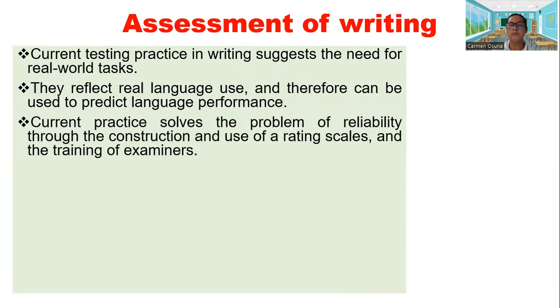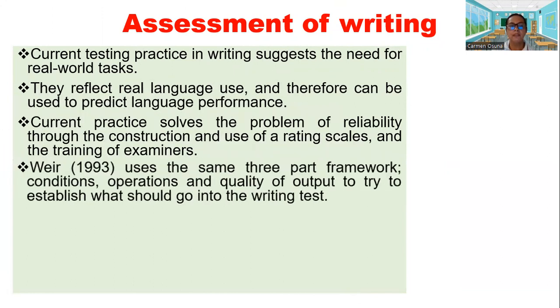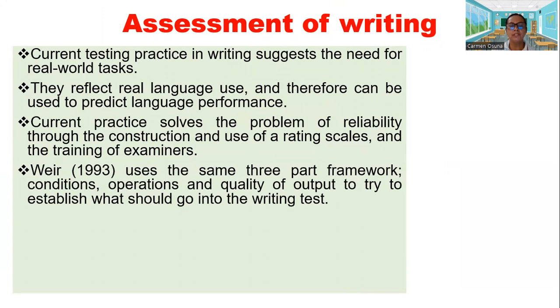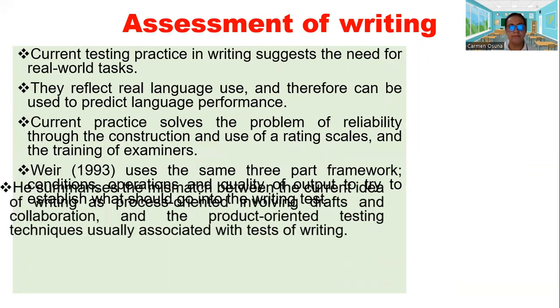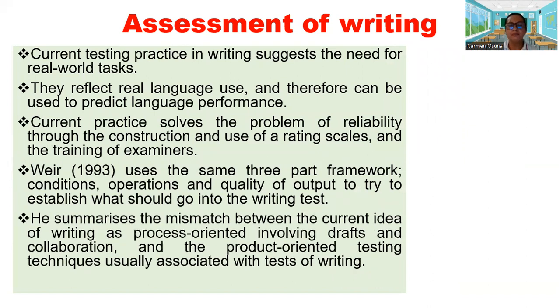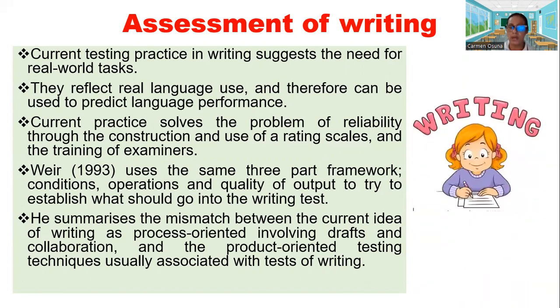Current practice solves the problem of reliability through the construction and use of a rating scale and the training of examiners. Weigle 1993 uses the same three-part framework: conditions, operations, and quality of output, to try to establish what should go into the writing test. He summarizes the mismatch between the current idea of writing as process-oriented, involving drafts and collaboration, and the product-oriented testing techniques usually associated with tests of writing.